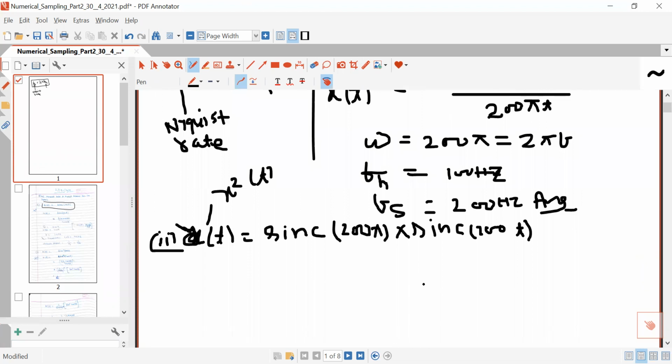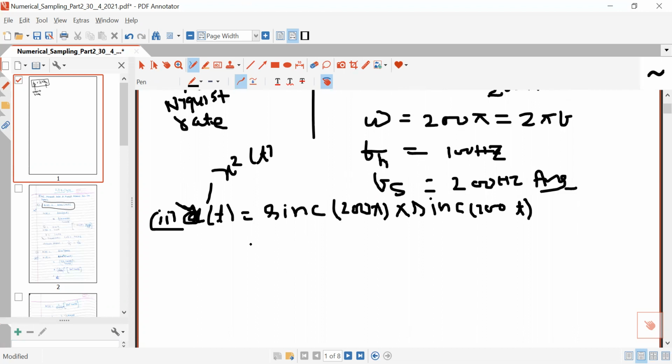What will be the Nyquist rate for this signal? So this will be Sinc square 200t, not pi t.